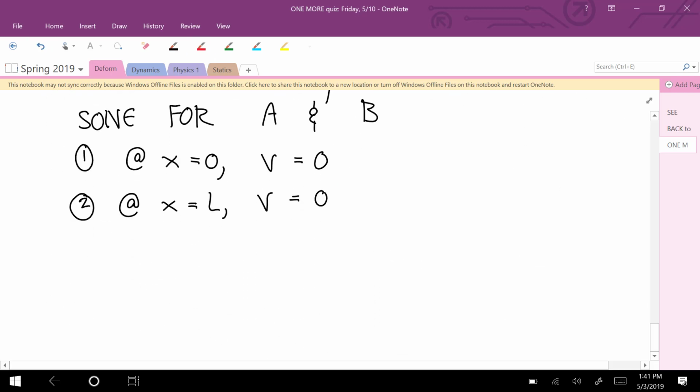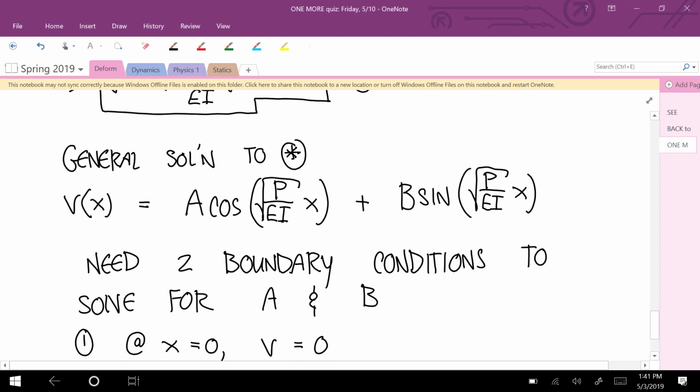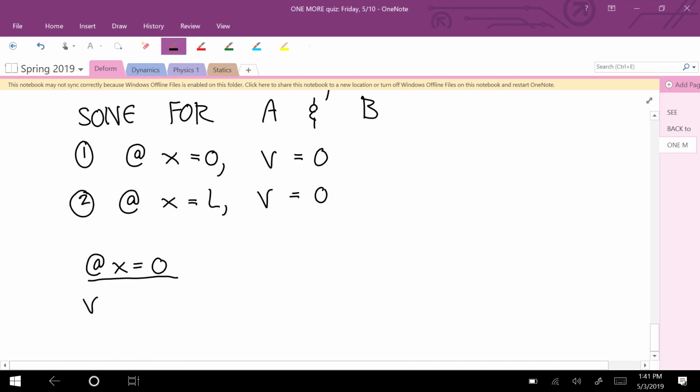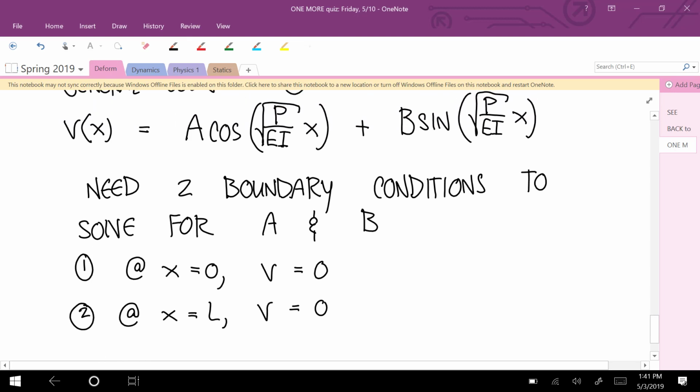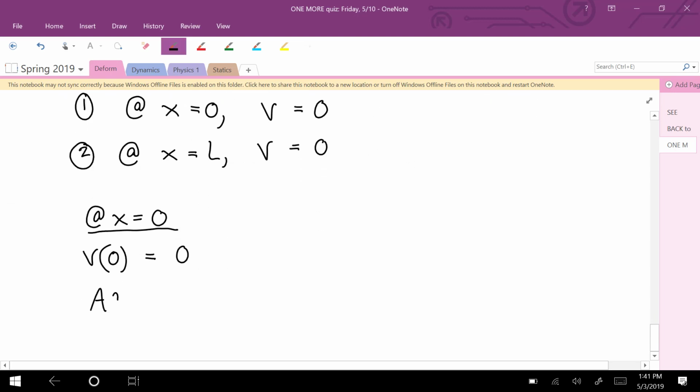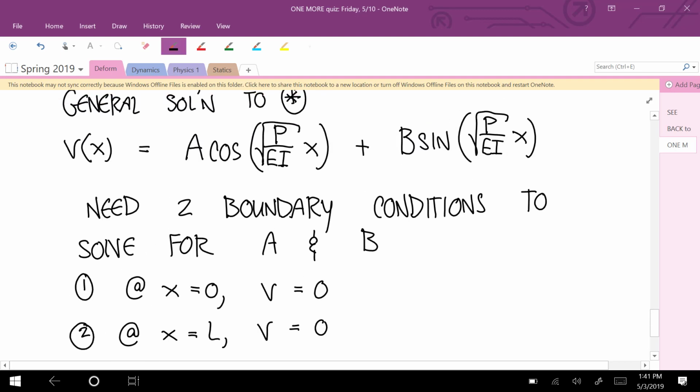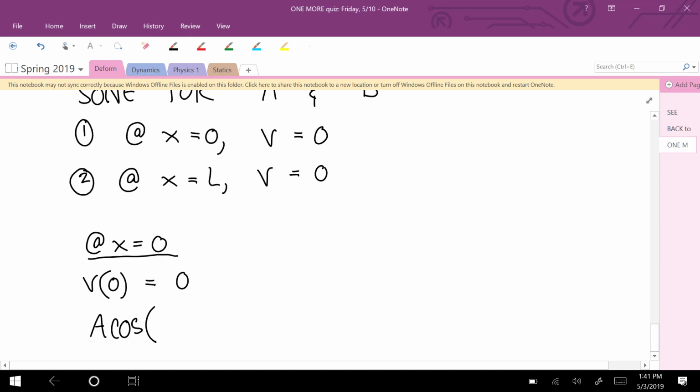Okay, so first, at x equals 0, we need V of 0 to be equal to 0. And our V is this form, so we have A cosine of, if x is equal to 0, all that stuff is 0, plus B times sine of 0 is equal to 0.